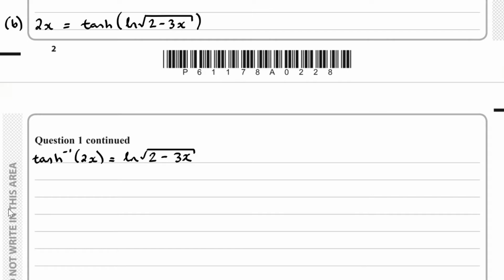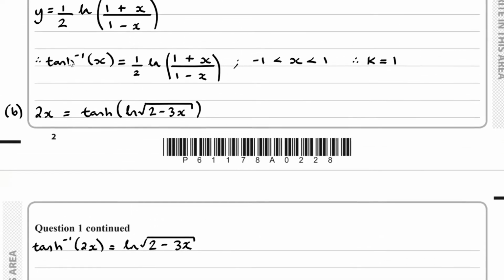Okay, and if we use what we had in part A, the inverse hyperbolic tangent of x is equal to 1/2 times the natural log of (1 plus x) over (1 minus x).